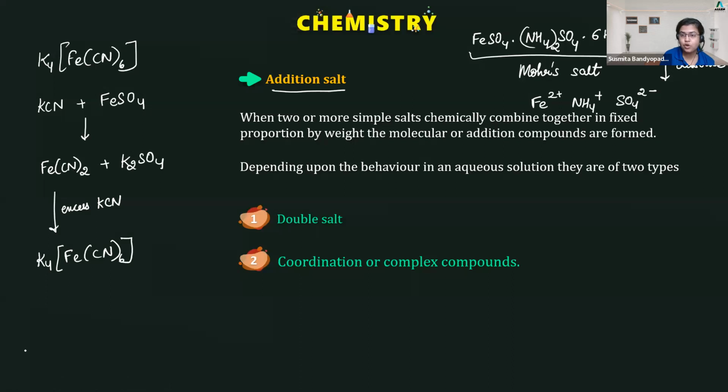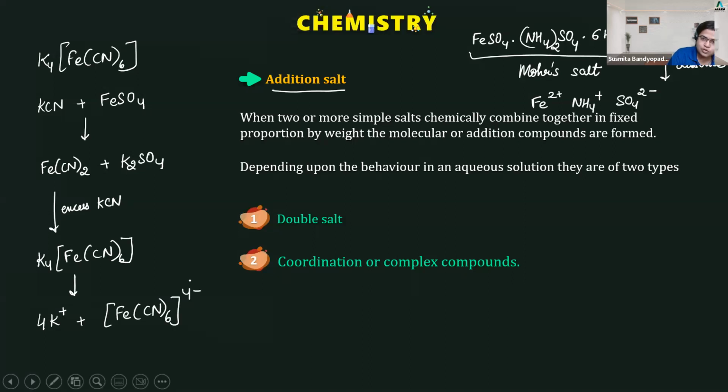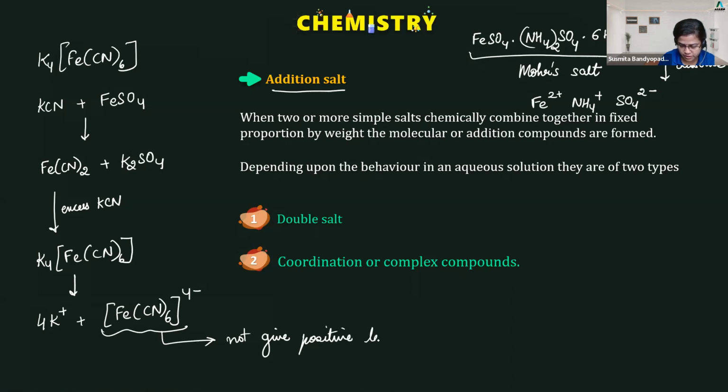When this is dissolved in water, the outside ion splits off with no problem, but the inside one stays as the bracket, separate from the outside one. The individual components inside the bracket have lost their original identity and formed a different substance. Here, it will not give a positive test for Fe2 plus and CN minus ions.